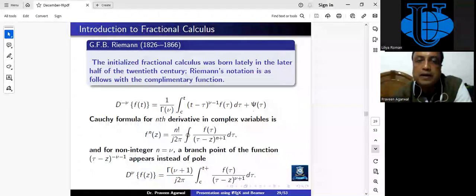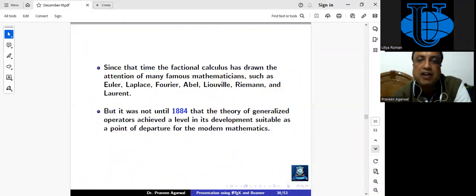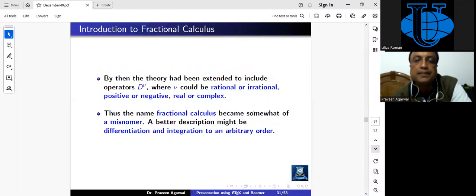In parallel, since that time, fractional calculus has drawn the attention of many famous mathematicians such as Euler, Laplace, Fourier, Abel, Liouville, Riemann, and Laurent. But it was not until 1884 that the theory of generalized operators achieved a level in its development suitable as a point of departure for modern mathematics.